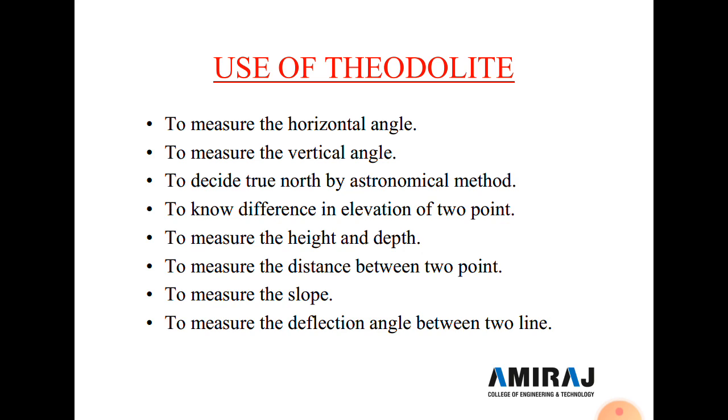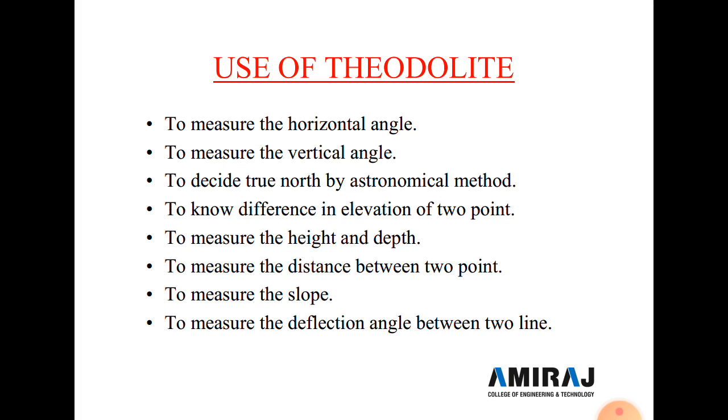Now next is the use of the theodolite. This type of question is asked in the G2 examination for 3 marks, like what is a theodolite, list the types of theodolite, and write the uses of the theodolite. The theodolite is used to measure the horizontal angle as well as the vertical angle, to decide true north by the astronomical method, and to know the difference in elevation of two points, which is measured by the vertical distance.